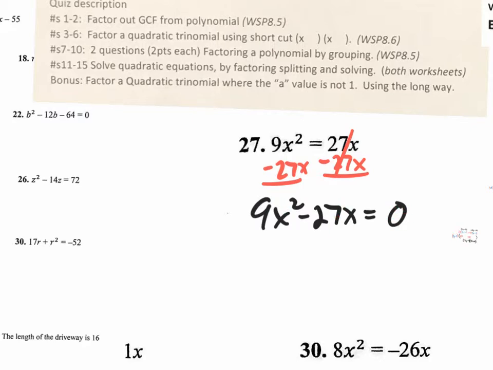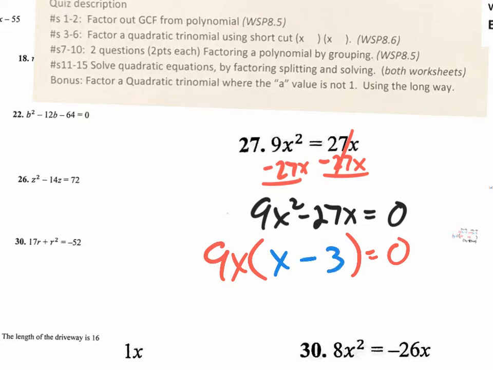Or I could split it? I do not. I need to get multiplication. What could I do to get multiplication? Factor. What could you factor out of there? 9 and an x, 9x. And then what would be left? X minus 3.